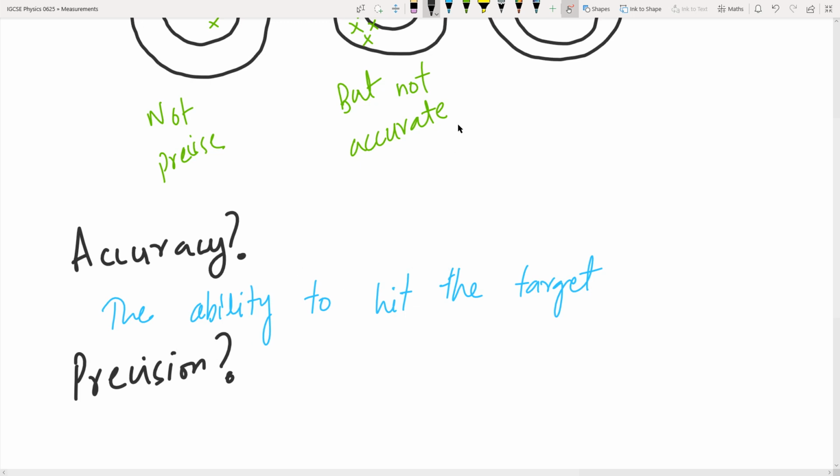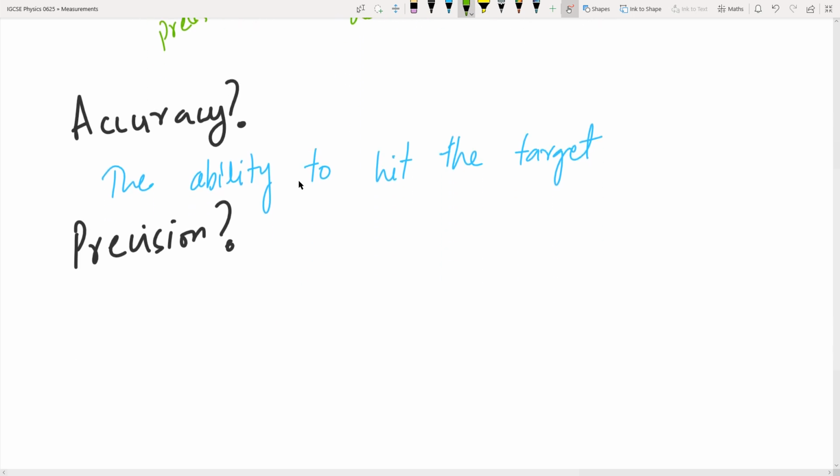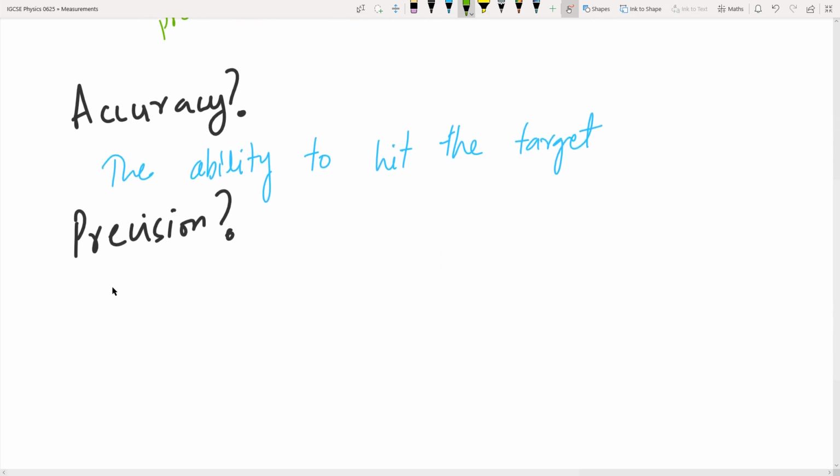So precision, I'm going to define in an entirely different way: it is the closeness of values to each other. Now I'm just going to define it with physics. I'm just going to rewrite that: to each other.